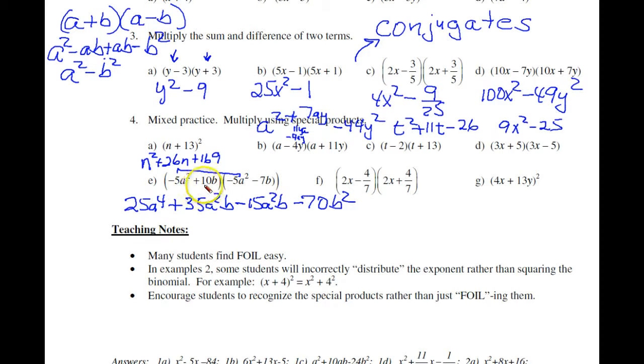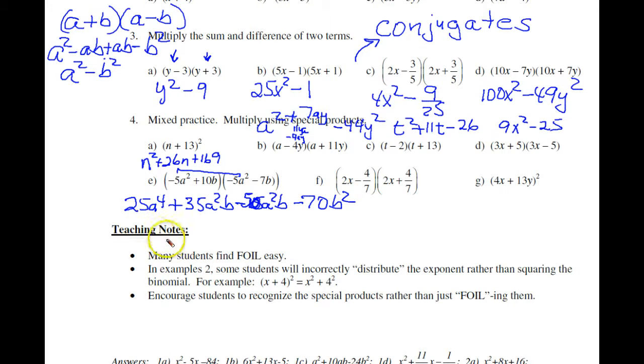That's good. And then a positive times a negative. See, I made an error here. 5 times 10 is actually 50 here, Mr. Paulin. It's not 15. And then we have this times this is a negative 70b squared.